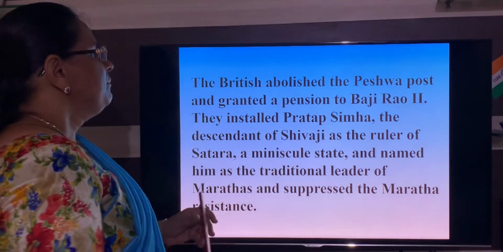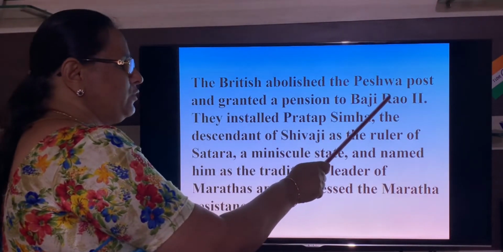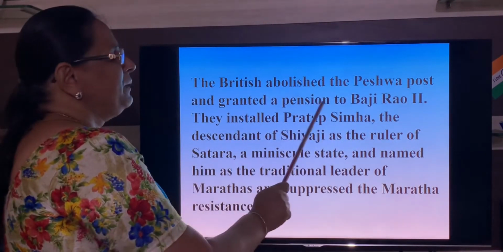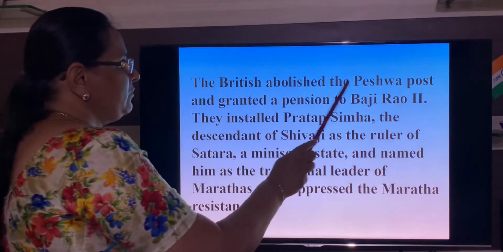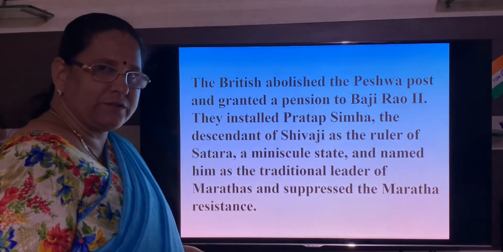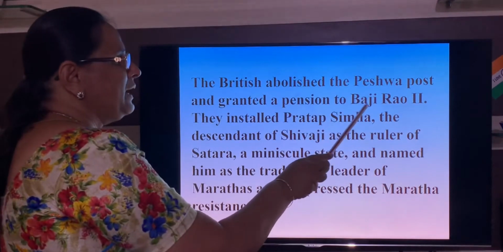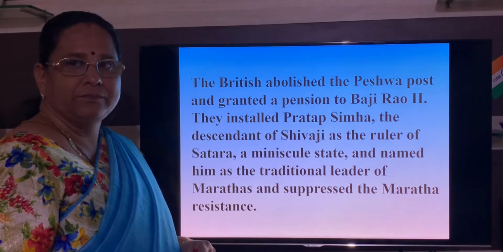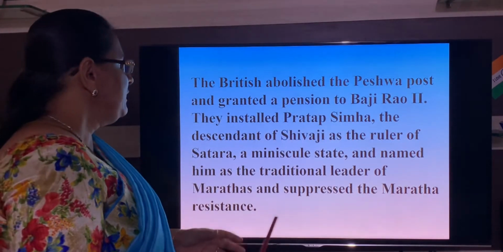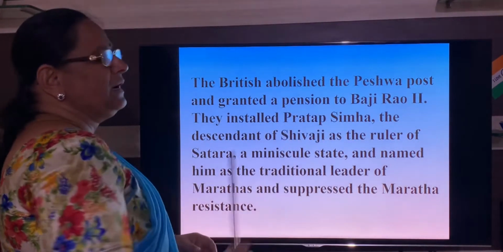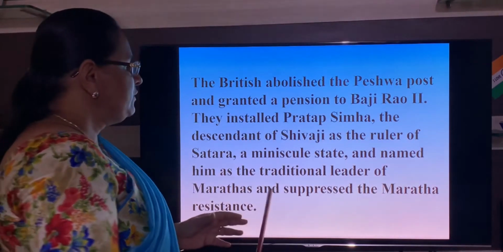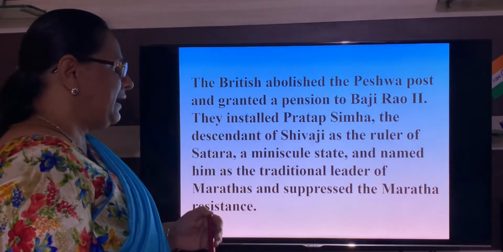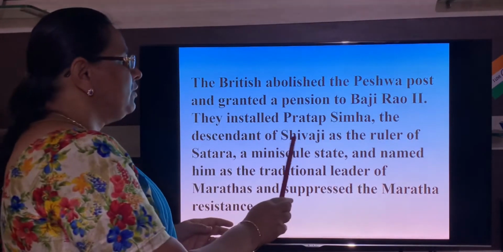Next, if you see, the British abolished the Peshwa post and Baji Rao II was granted a pension. Is that clear, children? And next one is Pratap Singh. He was given a small state by the English and he was a descendant of Shivaji.